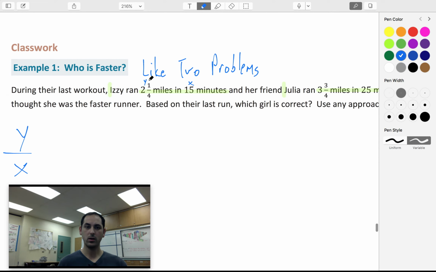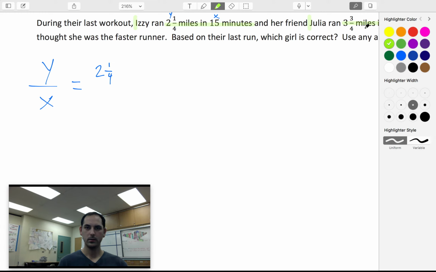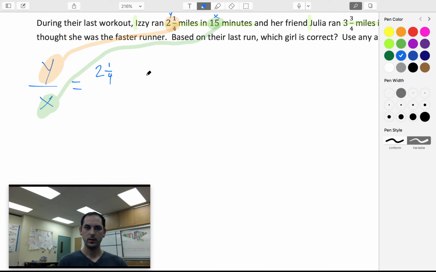Now that we have that, all we have to do is plug in. So your y is equal to 2 1/4. Where am I getting that from? Right here. Bring it down and put it where your y is. And then 15, bring it down and put it where your x is. And this will give you 2 1/4 over 15.